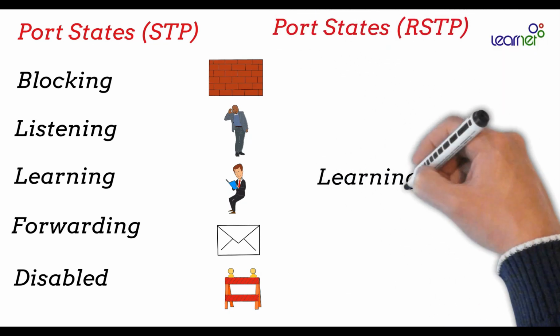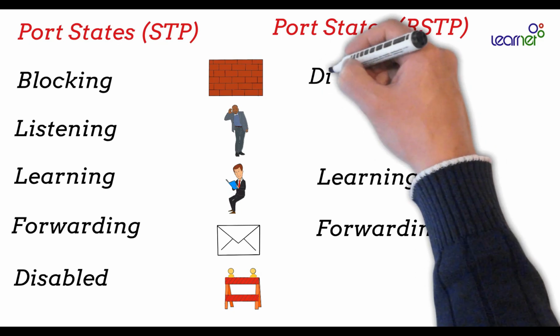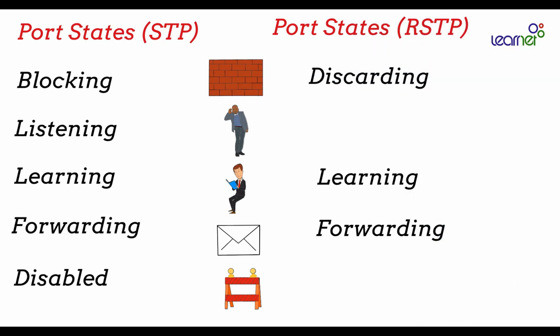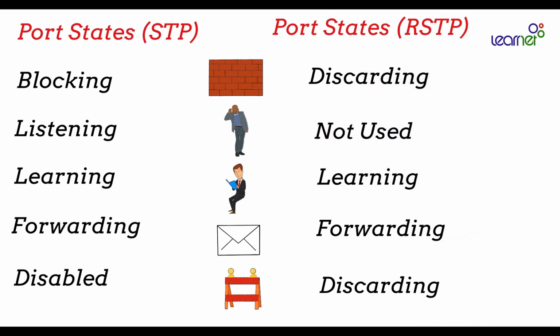First, in RSTP, both blocking and disabled are called discarding. Second, the listening state has been removed from RSTP, so we don't have a listening state in RSTP. Please remember that RSTP states do not operate with the STP timers, which we will discuss shortly.